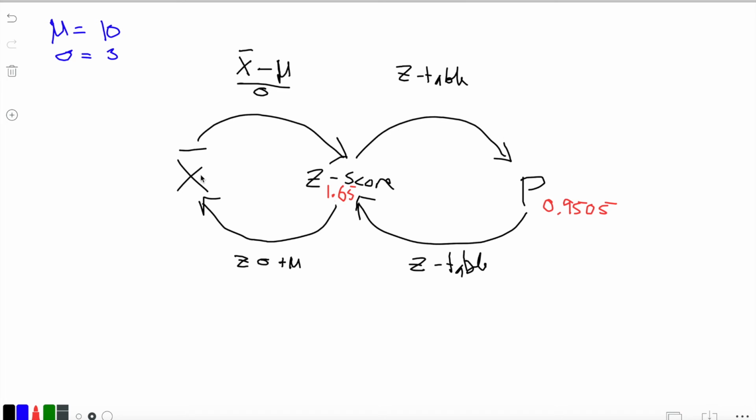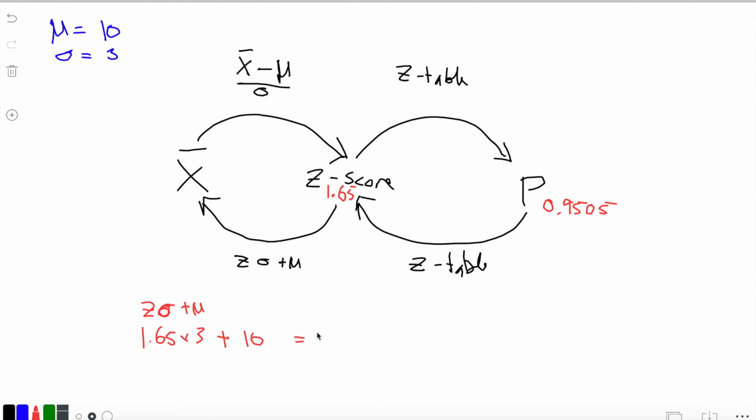Now we can use this new equation here to find out what our mean was in the first place. So we're going to add the z, the sigma, plus our mu. Kind of looks like a 6 is a sigma. So our z is 1.65 times our sigma, which is 3, plus our mu, which is 10.